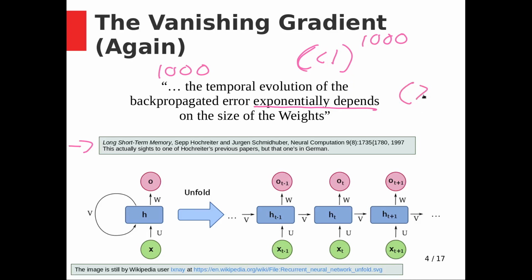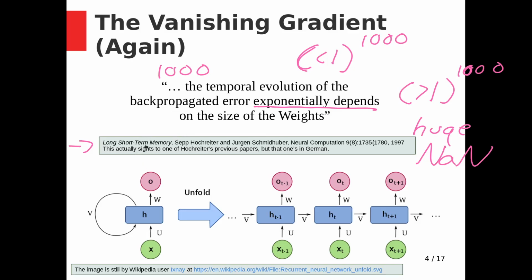Or, if one of those weights becomes greater than 1, we might have a term of greater than 1 to the 1,000th power, which causes our weights to blow up. Our update becomes arbitrarily huge, our weight updates explode, and we wind up with NaN in the output.